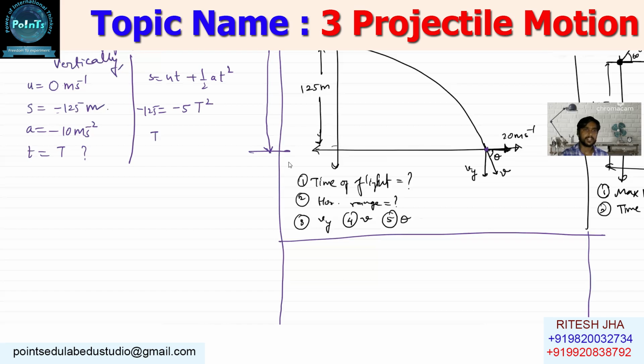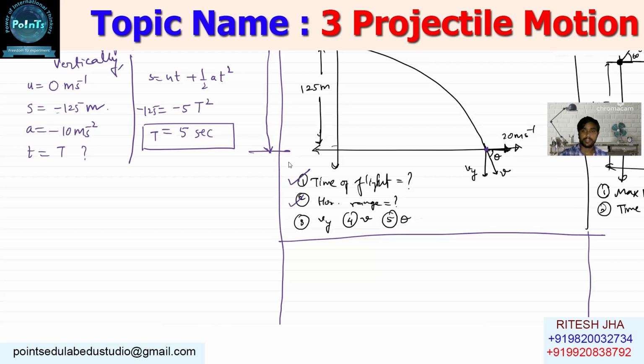T squared is 25, so T is equal to 5 seconds. So we got the time taken over here, and this part is done.